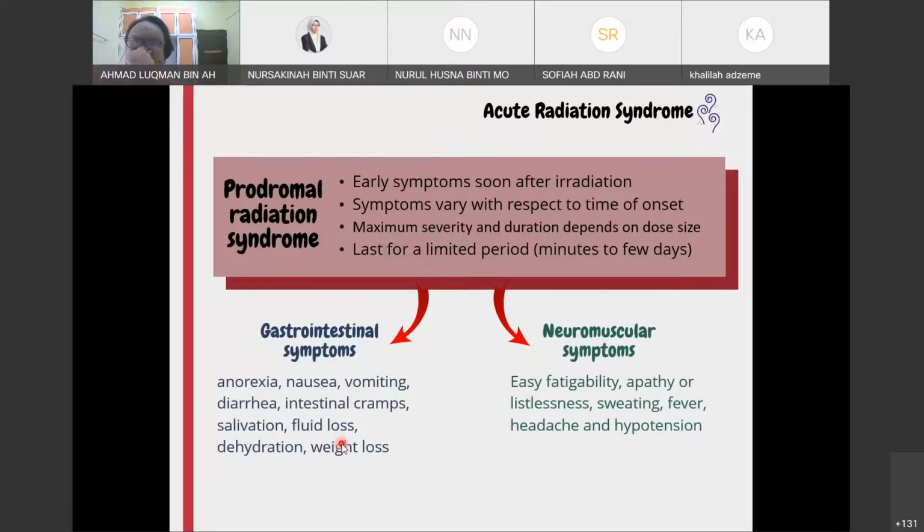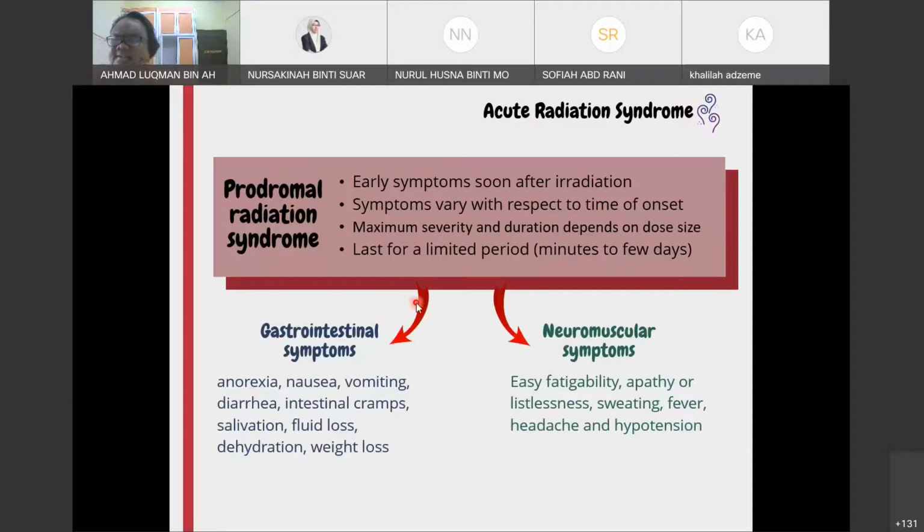Prodromal radiation syndrome: early symptoms soon after irradiation. Symptoms vary with respect to time of onset. Maximum severity and duration depend on dose size, and last for a limited period, from minutes to a few days. The symptoms can be divided into gastrointestinal and neuromuscular symptoms.